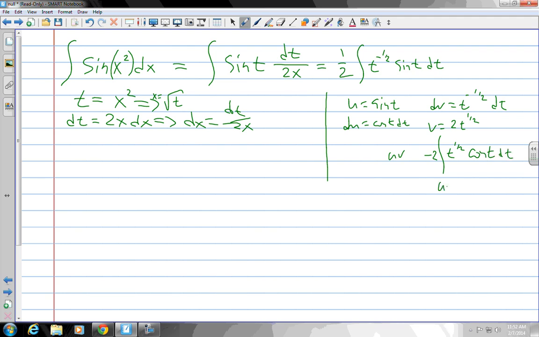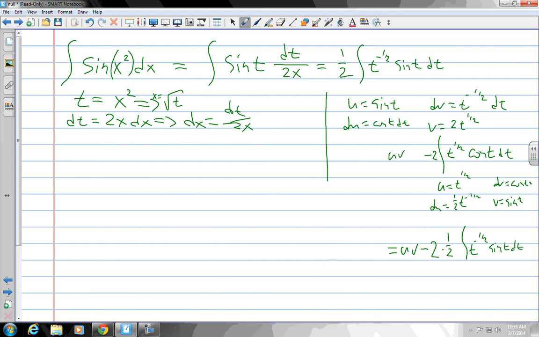So if I let u be t to the 1/2, then du is 1/2 t to the negative 1/2, and dv is cosine t dt, and v is sine t. So what is that going to be? This is negative. So whatever the uv is, minus 2 v du times 1/2 t to the negative 1/2 sine of t dt, right?